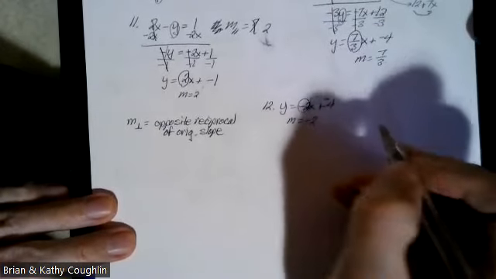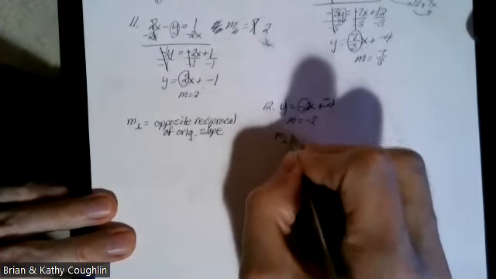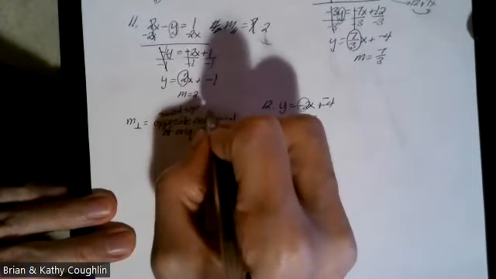The original slope we have here, it's in slope-intercept form, so it's easy to see. It's negative 2. So how do you get the perpendicular slope? The perpendicular slope is, because this is really negative 2 over 1, opposite means switch the sign. And reciprocal means upside down.